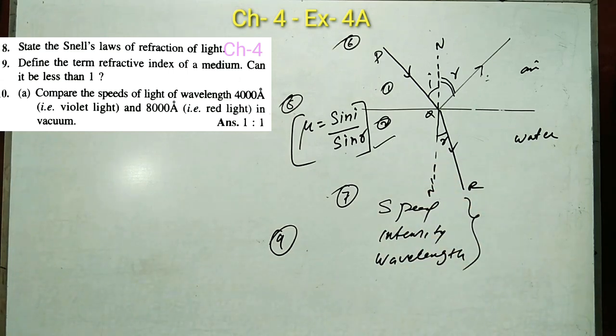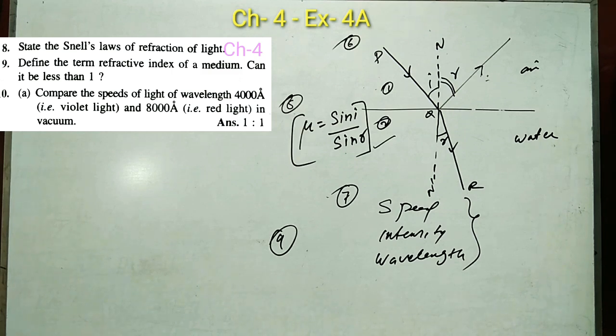Now, can the refractive index be less than 1? Is it possible? No. Refractive index cannot be less than 1 because the speed of light is maximum in air or in vacuum. When light enters any other medium, its speed always decreases.